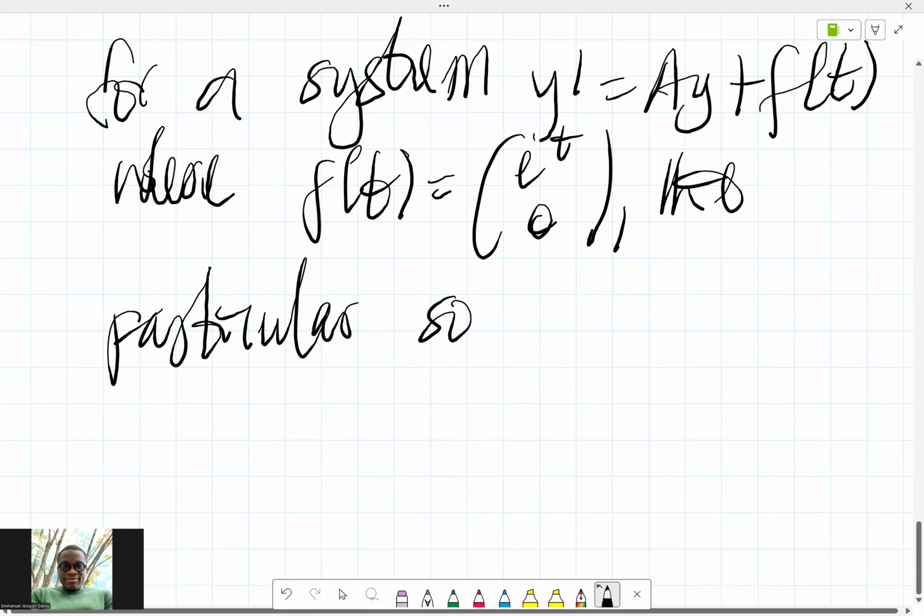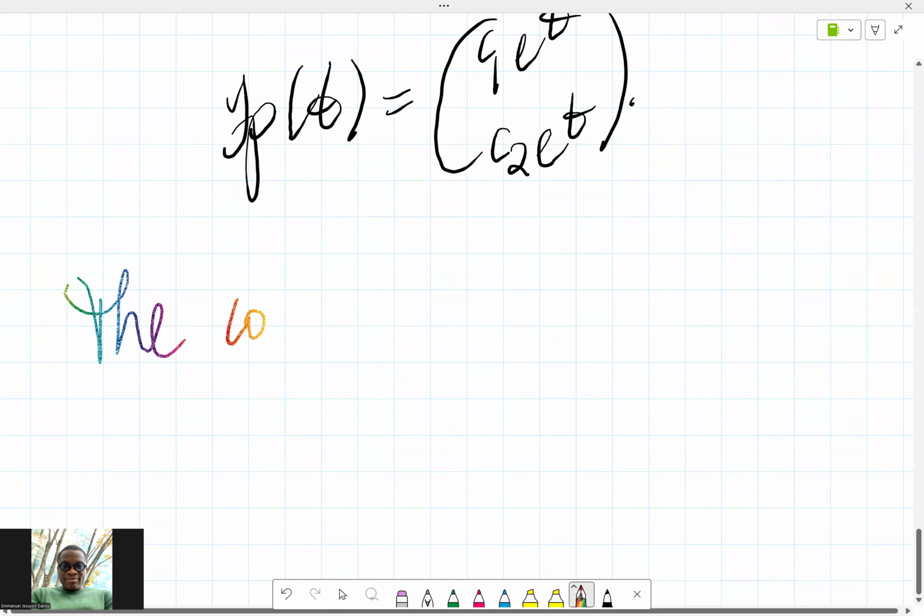If it was sine, you can do c1 sine plus c2 cos or something like that.